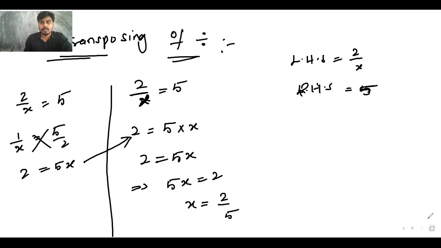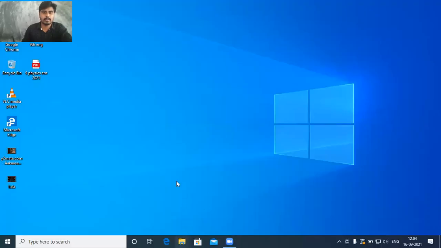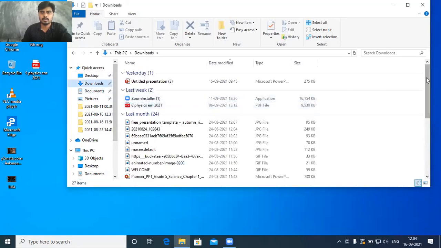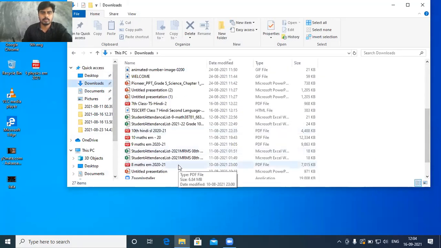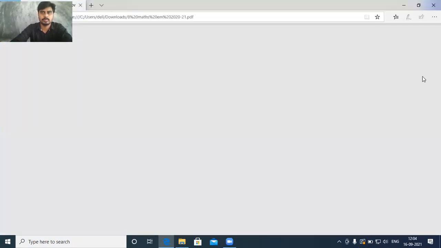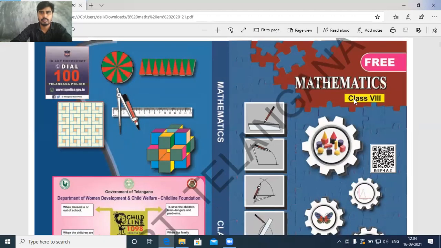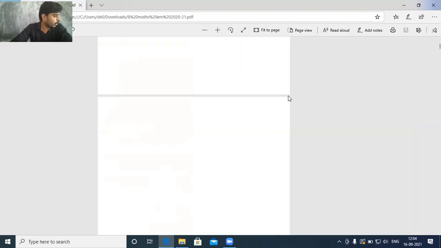Okay, right. Next, see. Now you have learned about transpose, right? Any doubts in transpose? No doubts, right? Look at exercise 2.1.